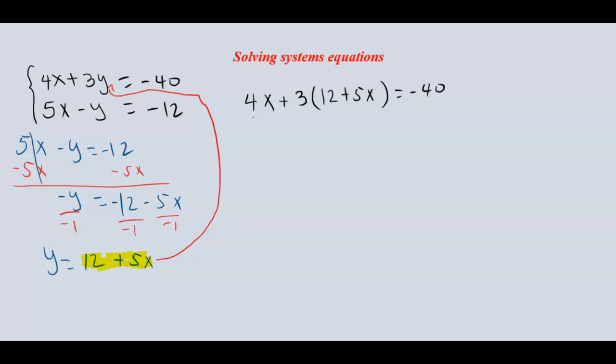Now, if you realize, we have one linear equation with only one variable. So now we can just go ahead and solve for x.